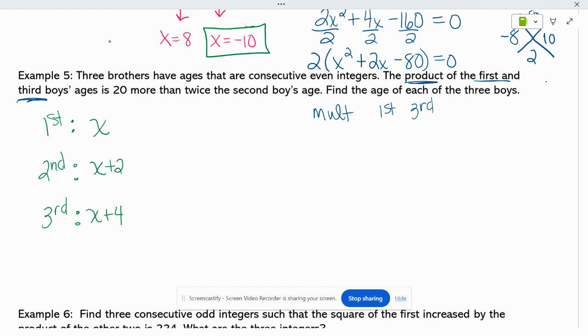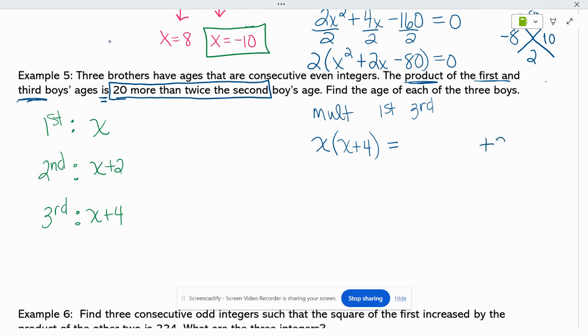What does that look like? Well, what's the first age of the boy? X times the third age, x plus 4, is, what does the word is mean? Equals 20 more than twice the second. So what does 20 more than mean?